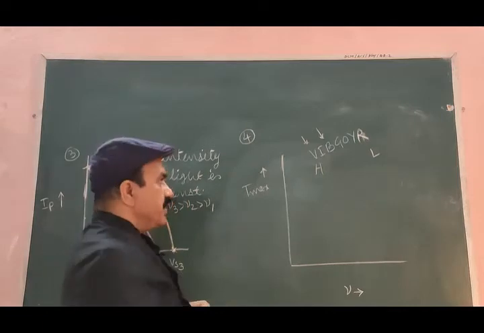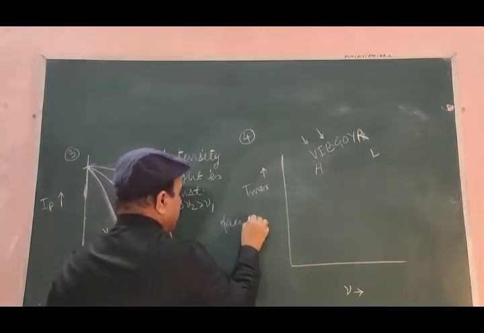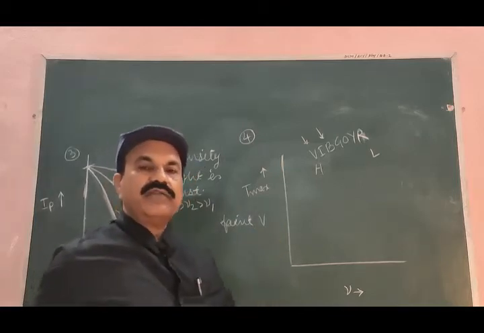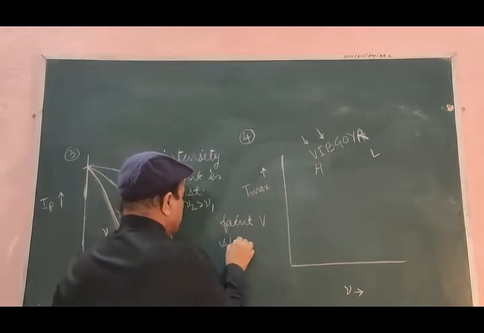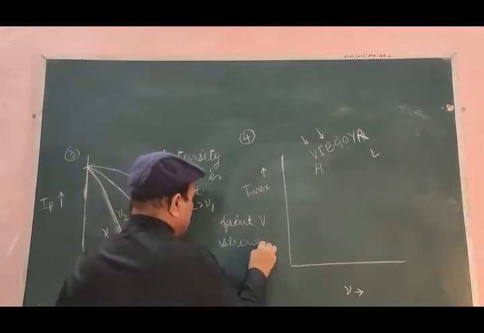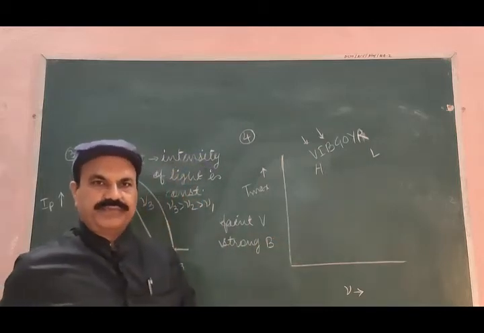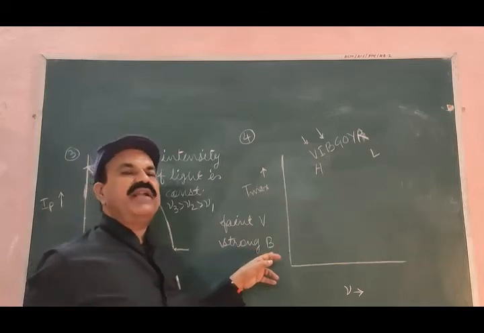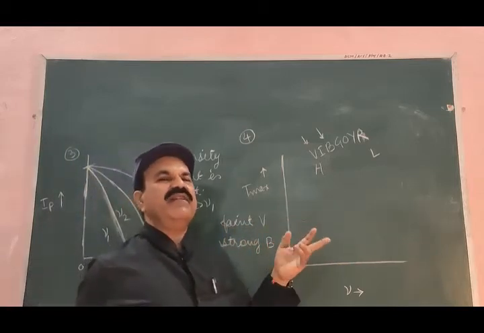If you use faint violet color, of lower intensity, and if you use strong blue color, what will you find? In the blue case, the number of electrons emitted will be more. In the violet case, the number of electrons emitted will be few.